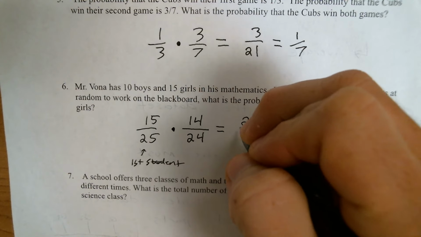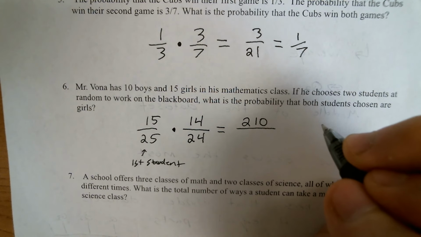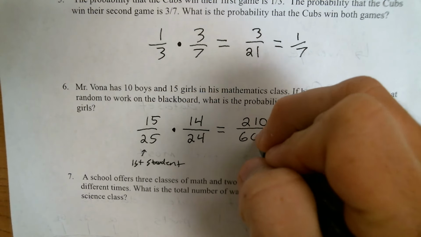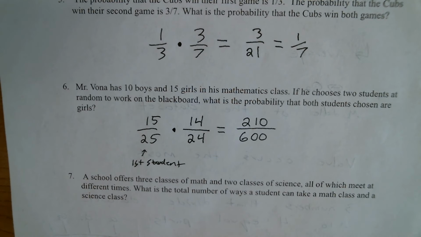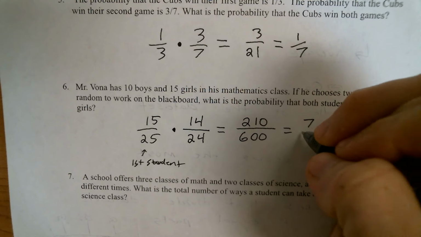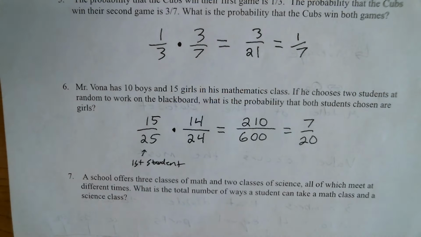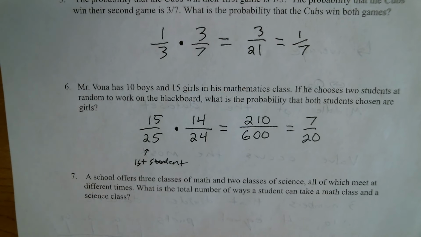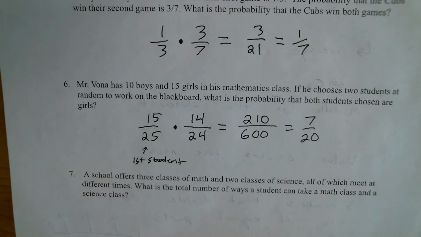And then 25 times 24 is going to be 600. And then we can reduce that down to 7 out of 20.